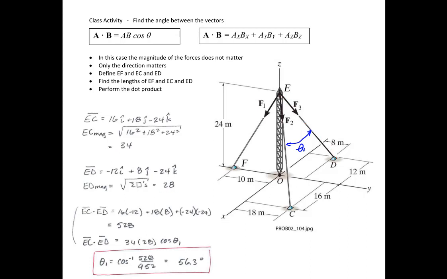Then we multiply the magnitudes of the x components, the magnitudes of the y components, the magnitudes of the z components. You get a number. Then we do the magnitude of the vector times the magnitude of the vector times the cosine of theta, and you solve for that. So theta 1 is equal to 56 degrees.